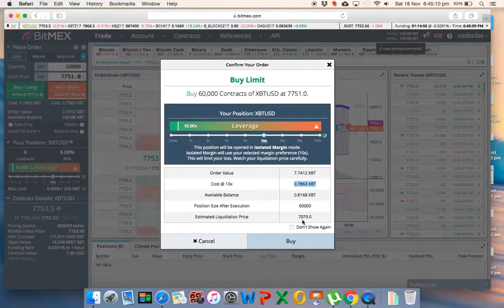One thing to take note of is that there's also this estimated liquidation price. Basically, what it means is that if Bitcoin ever hits this price, you're going to be liquidated.